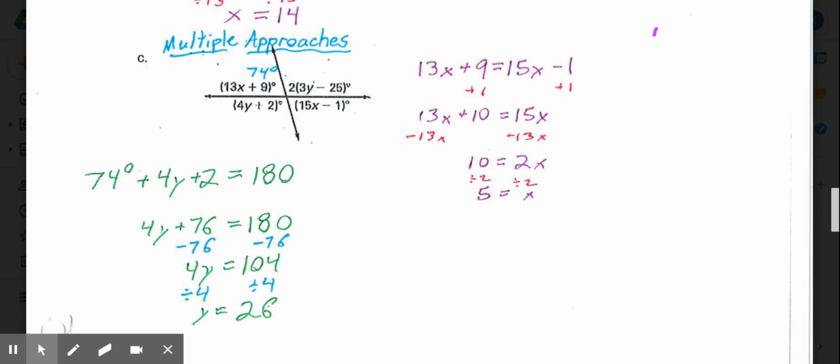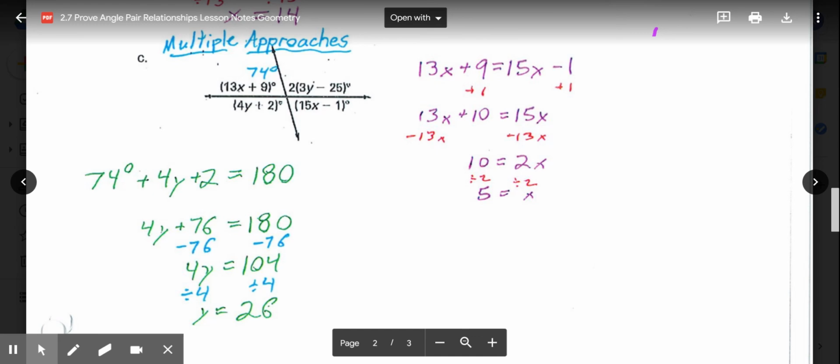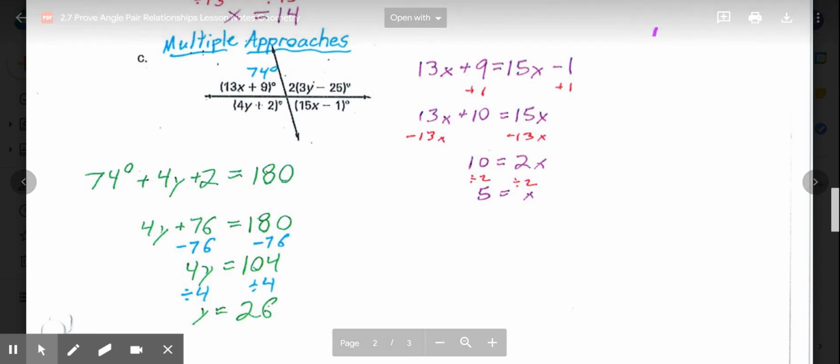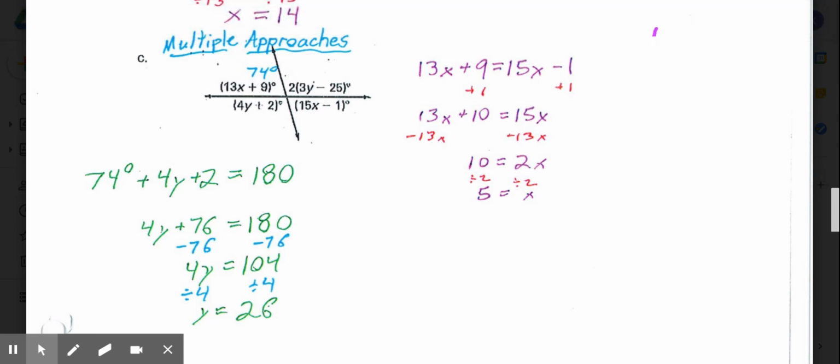So I set it up as 13x plus 9 equals 15x minus 1. Solve for x, so we add 1 to each side, subtract the 13x, and we're left with 10 equals 2 times x. Divide both sides by 2, and x equals 5.